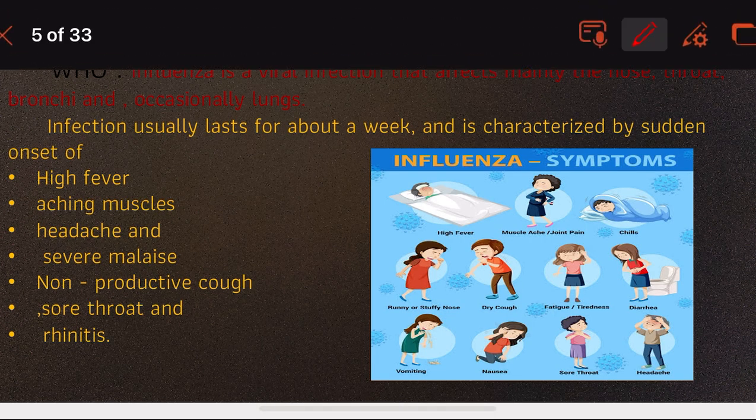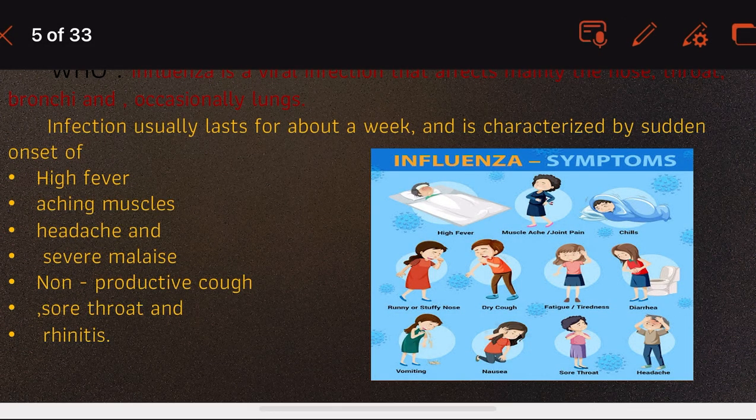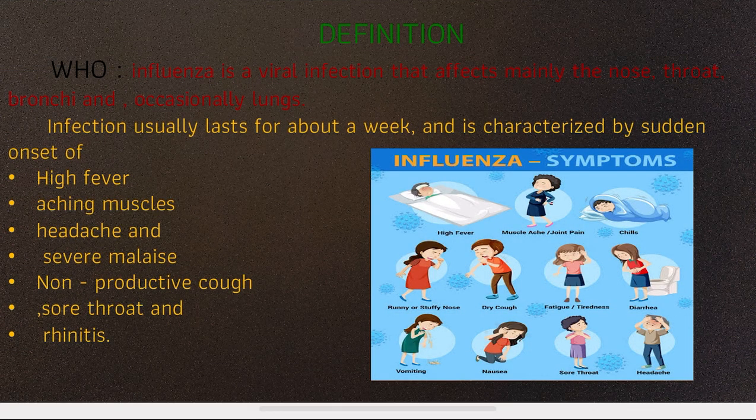The lungs are not very often affected. More often it affects the upper respiratory tract, so the nose, throat, and bronchi are usually affected. Occasionally, the lungs can also be involved.